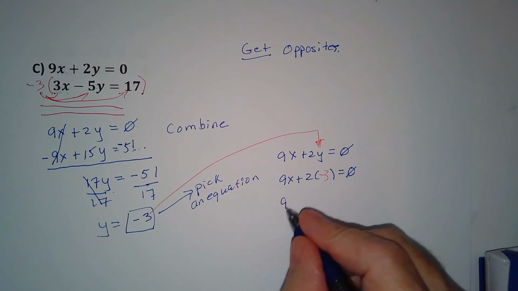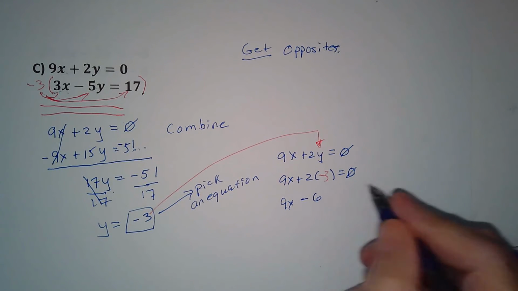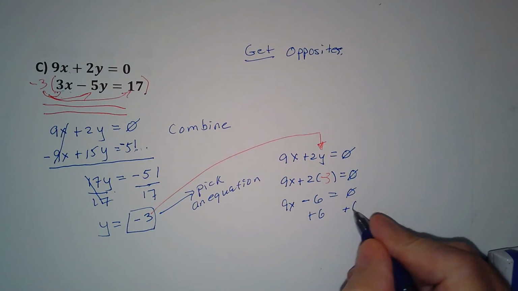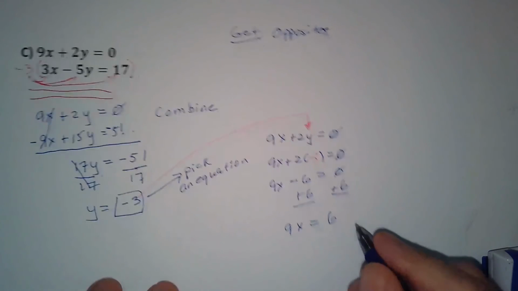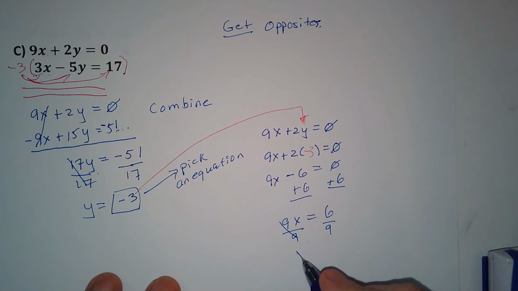So 9x, and let's see, 2 times negative 3 is negative 6, equals 0. Add 6 to both sides, and you get 9x equals 6. Now just divide by 9, and you get x equals 6 over 9.